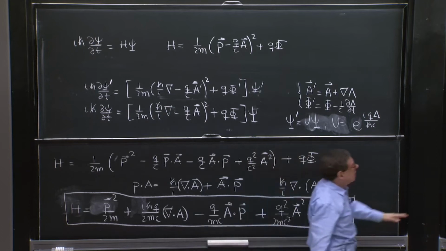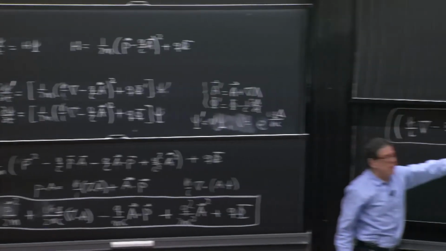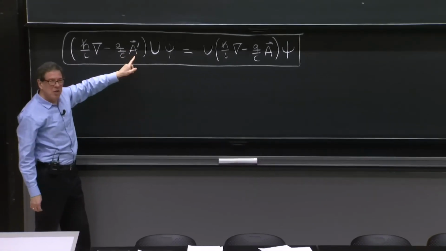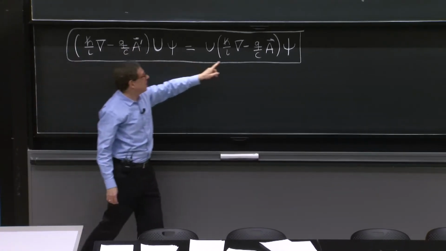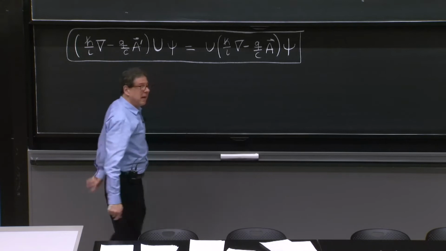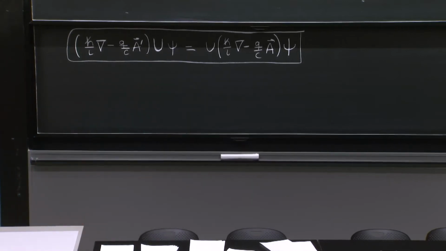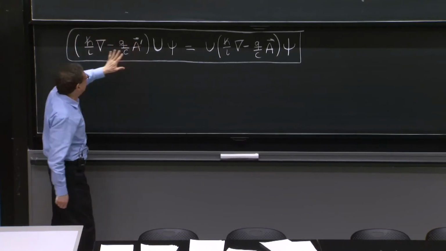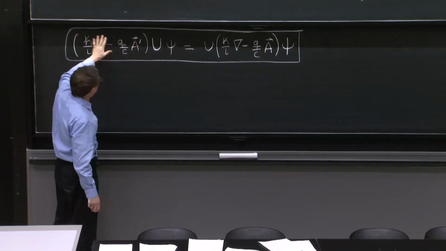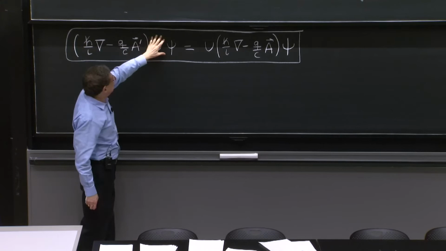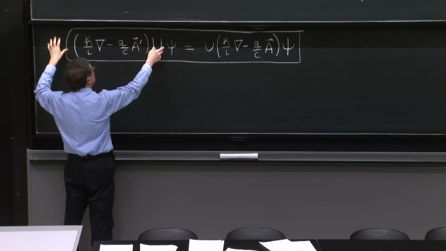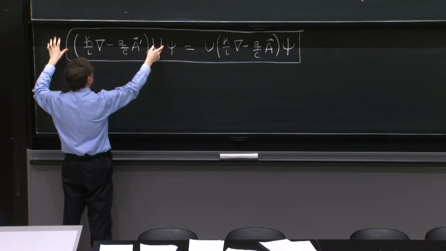In fact, as you move u from the right to the left, the gauge potential goes from A prime to A. A rather nice thing about this derivative is as if this derivative had a very special symmetry property that u can be moved across almost as if u was a constant, but of course it's not.